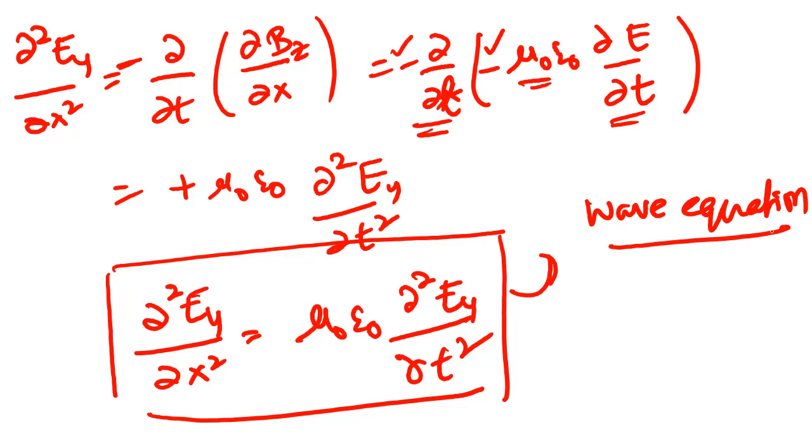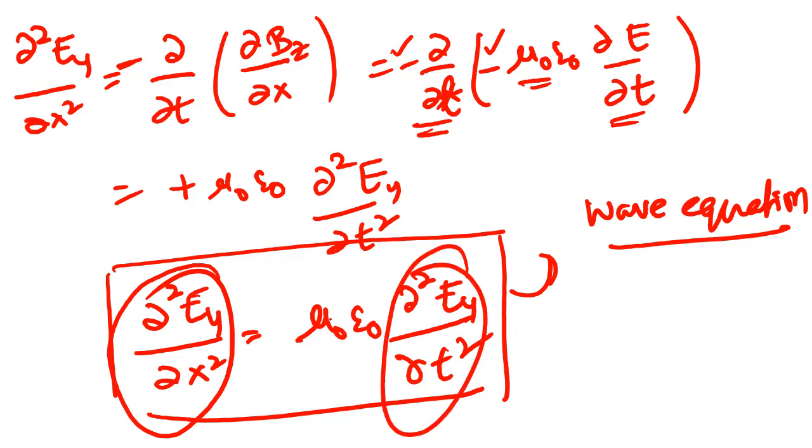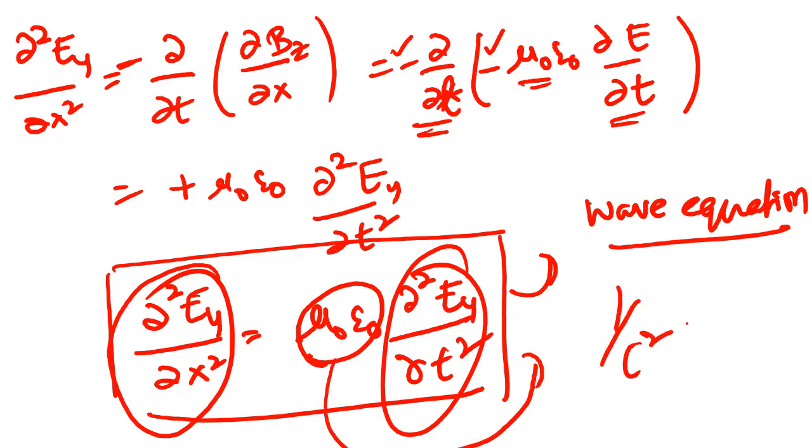And you can do a similar thing for the B field, for the magnetic field as well. But the thing that you must realize here is the electric field is varying in space and time. It's not just variation in time. The electric field is both varying in space and time. And this mu naught epsilon naught is 1 over c squared, where c is the speed of light, right?